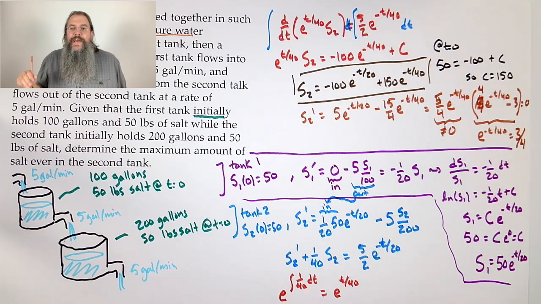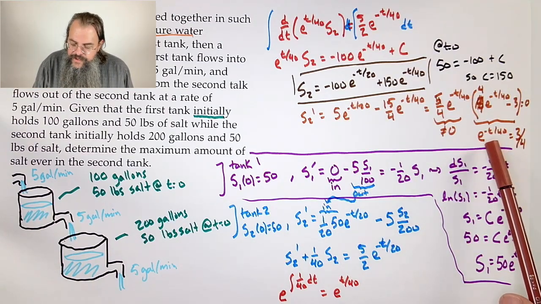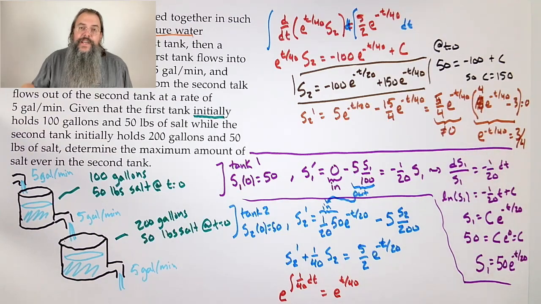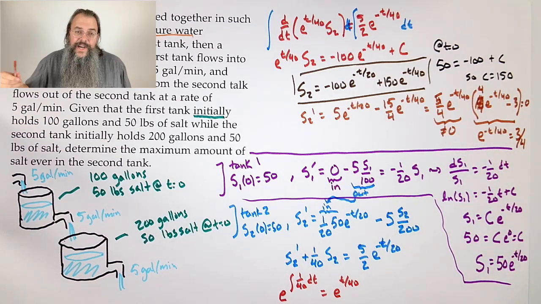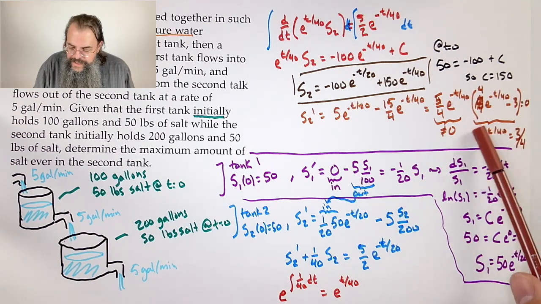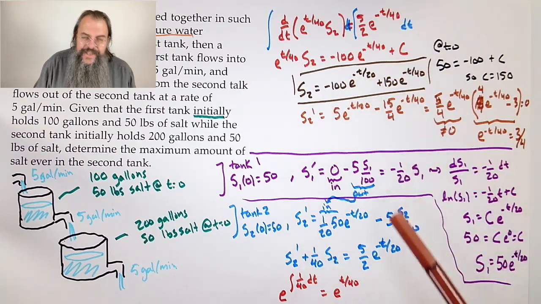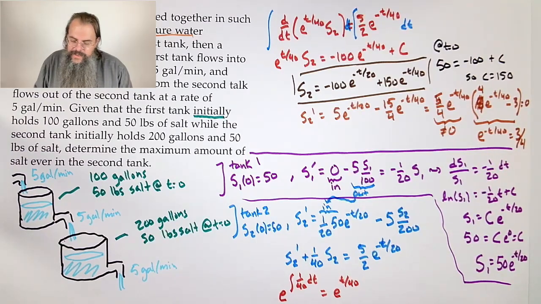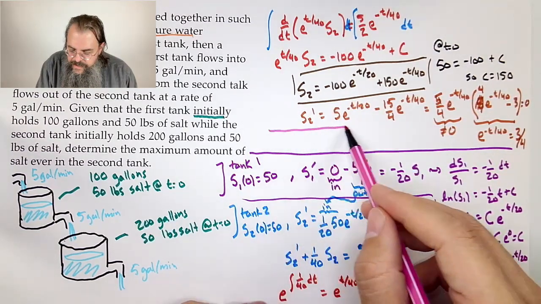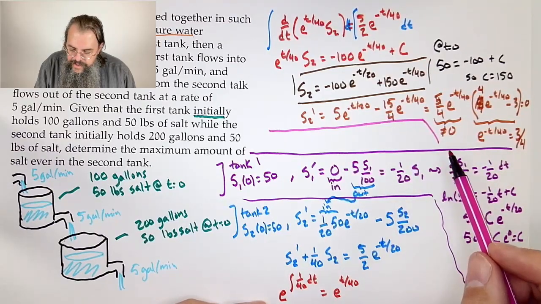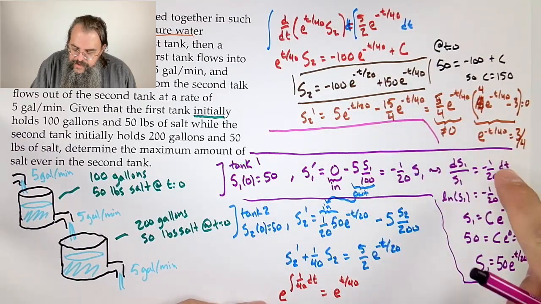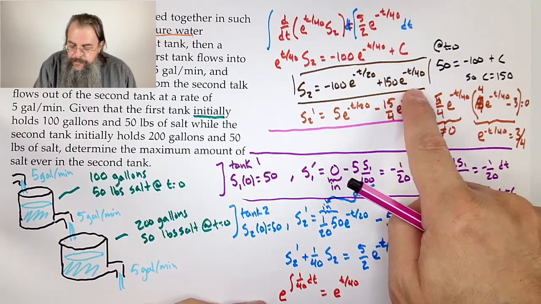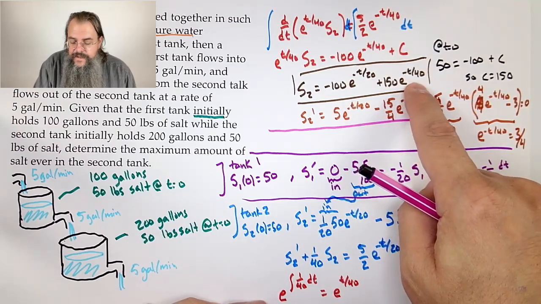All right. So that says, for the value of t where e to the minus t over 40 equals 3/4, that is the time when we're going to have the maximum amount of salt. So we're going to take that and put it back into S2. How do we do it? We say, look, this e to the minus t over 40 becomes a 3/4 there.